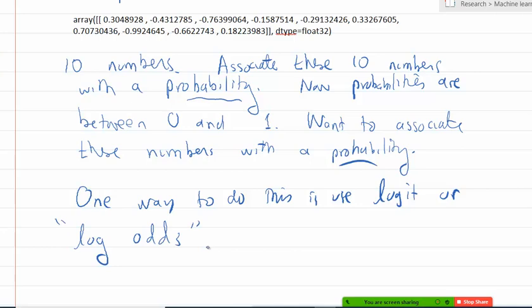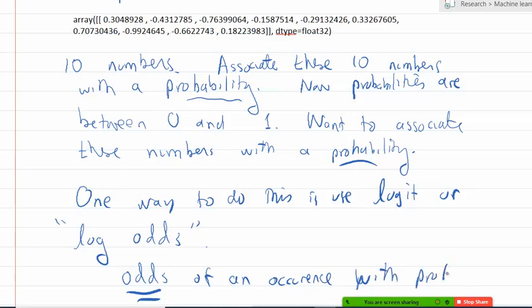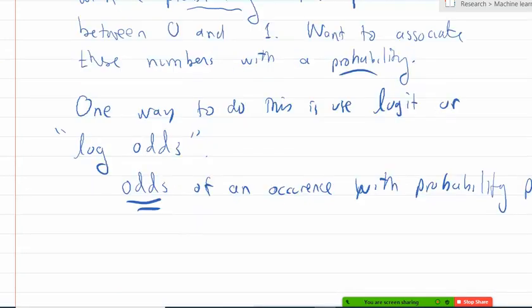Now the odds of an occurrence with probability p. I don't know if you have any gambling in Nigeria.